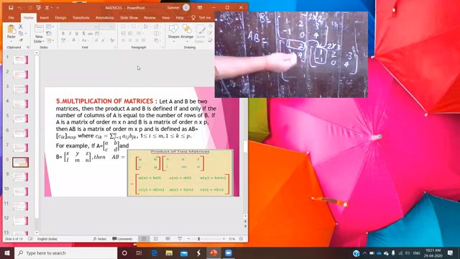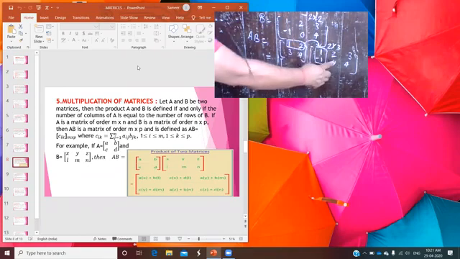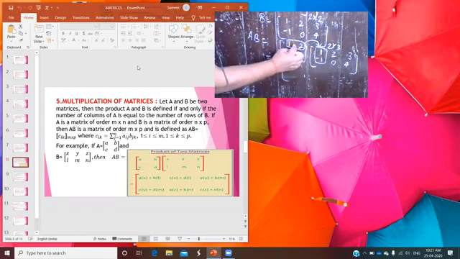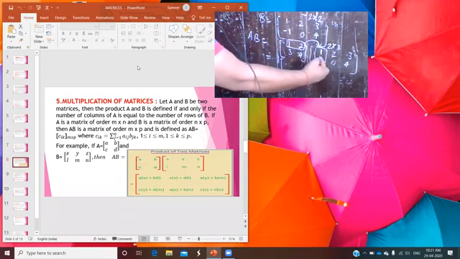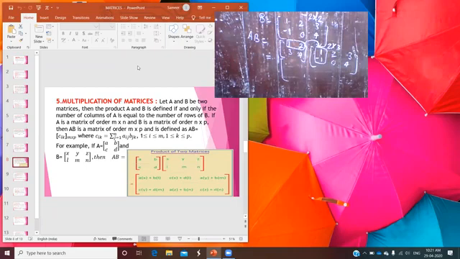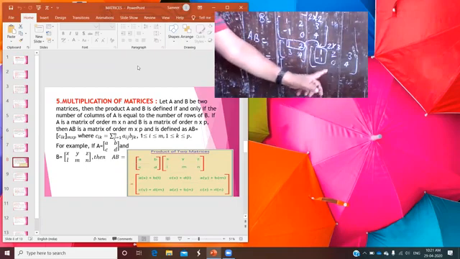In the same way, you take the product of first row with the second column. So if you move to the second column, write the sum of the products in the place of first row, second column. In the same way for first row, third column, write in its place.